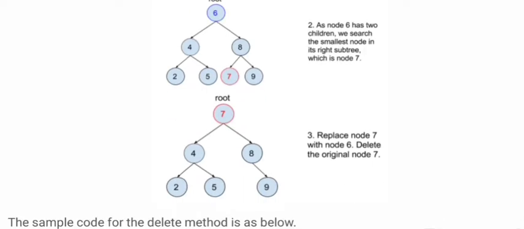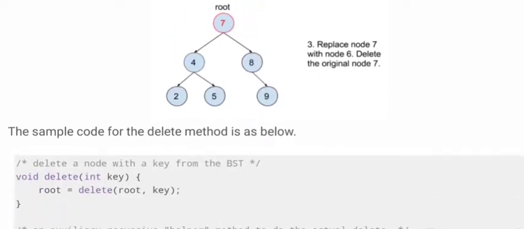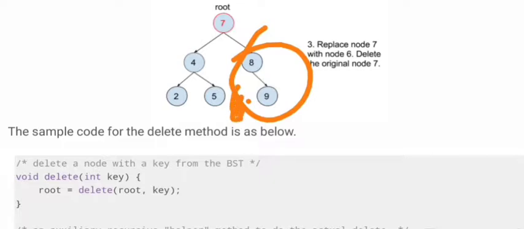We move its value to the top. Remember, you can simply exchange values and get rid of this node, just move it to the top. So we search for the smallest value on the right subtree and moved it to the top and deleted the node that was here originally.